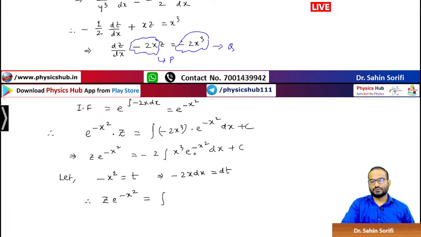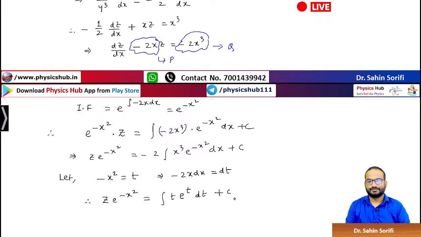Okay, so minus 2x dx is dt, x square is t, e to the power t dt. Got it? Plus c. Is it clear till now?